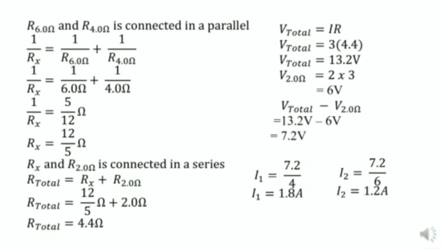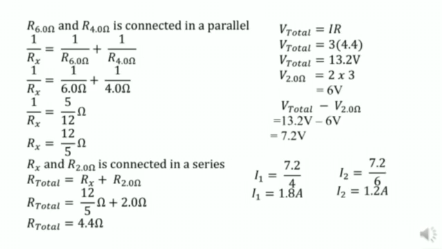So we find the value of Rx is equal to 12 over 5 ohms, and the Rx and R of 2.0 ohms are connected in series. So we use the formula of the circuit connected in series, which is R total equal to Rx plus R 2.0 ohms. So the total resistance that is calculated out is 4.4 ohms.